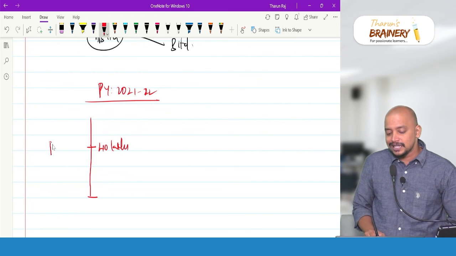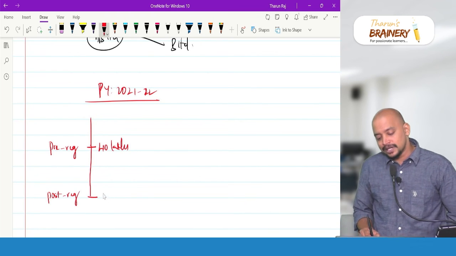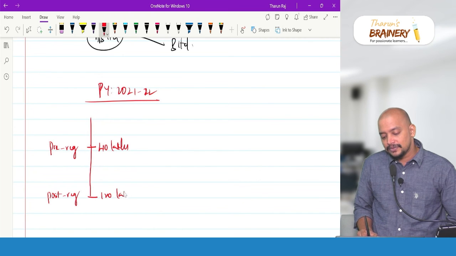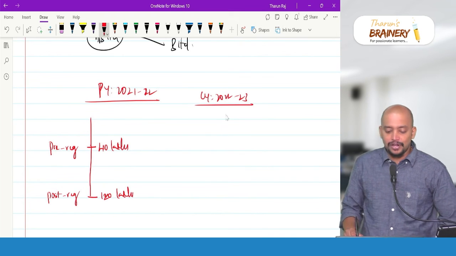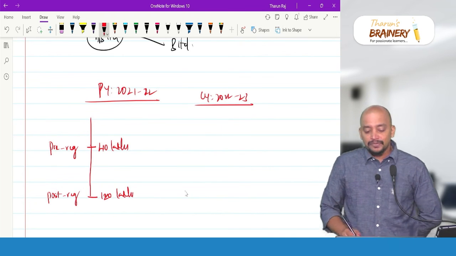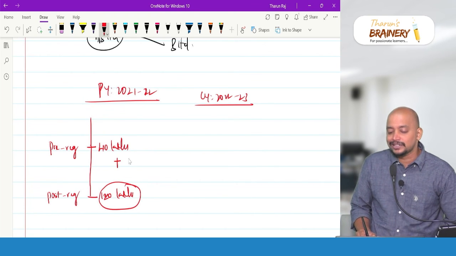So this 40 lakhs is pre-registration turnover, and post registration my turnover is 120 lakhs. In the current year 2022-23, can I opt for the composition scheme? Should we take only the post registration turnover, or should we add pre-registration turnover also?